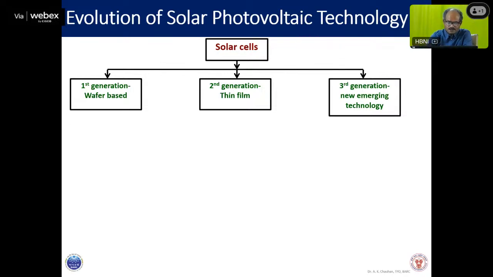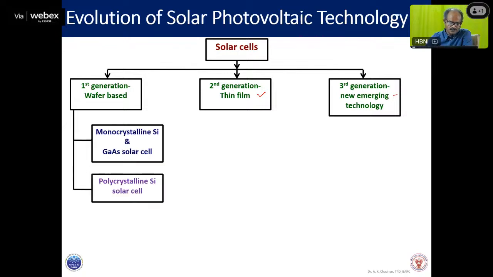These are the first generation, second generation, and third generation solar cells. First generation solar cells were mostly wafer-based solar cells. The second generation solar cells are thin film based solar cells, and third generation is an emerging technology, mostly organic, hybrid, perovskite, DSSCs, or quantum dots, these kinds of solar cells.